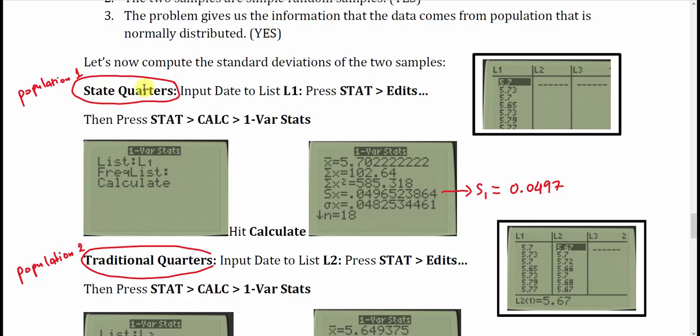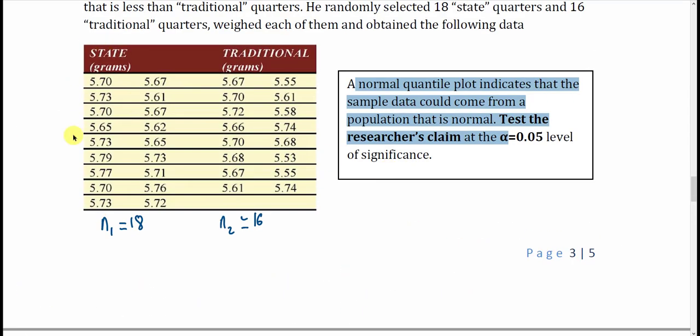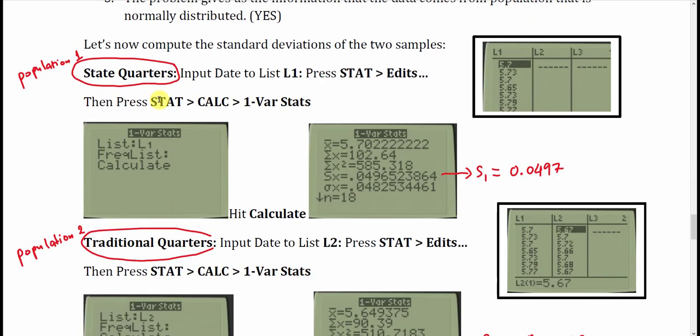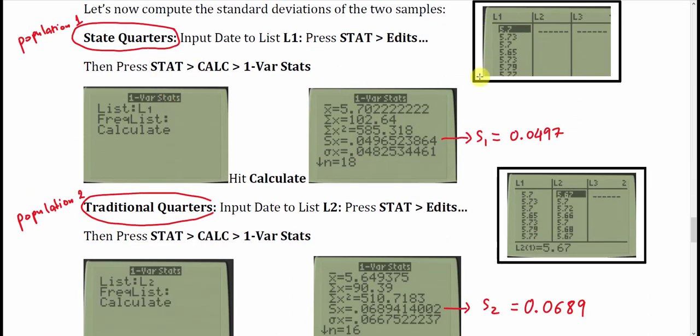Now I call the state quarter population 1. I enter the data into list L1. So I took this data here, I go to STAT, edit, and input that into list L1. And then I just go to STAT, calculate, use 1-Var Stats, and then hit calculate.